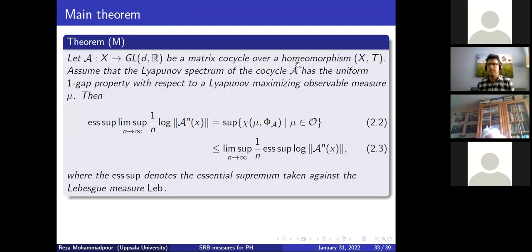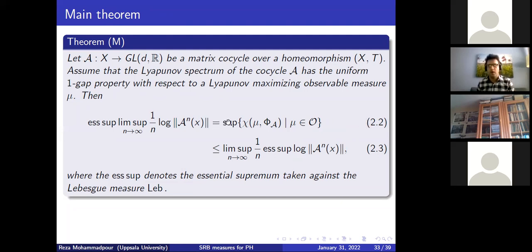So that's the main theorem of the paper, which I proved, I mean, we have in fact equality here. The previous theorem gives 2.3 and one side of 2.2, and in the previous theorem I don't assume anything.